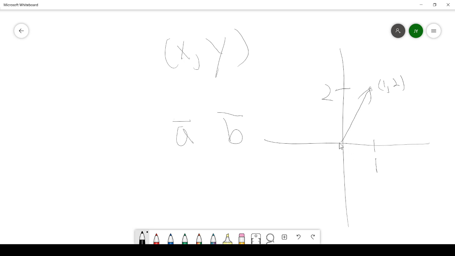Of course, the point doesn't always have to start from the origin. It can start from, say, 1, -1, 2, 1, 0. Maybe like this, the vector could look like that. However, in most cases, when we're discussing only one vector, we generally start it from the origin.